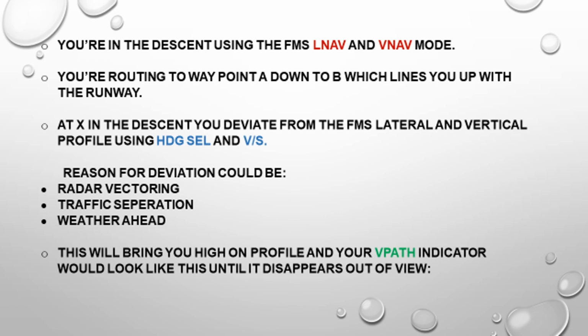The reason could be radar vectoring. Maybe the air traffic controller wants you to open up your profile. There can be traffic, so he wants you to move away from the traffic to avoid a collision. He would say, can you steer on a heading of so and so, and then maybe reduce your vertical speed and the like.